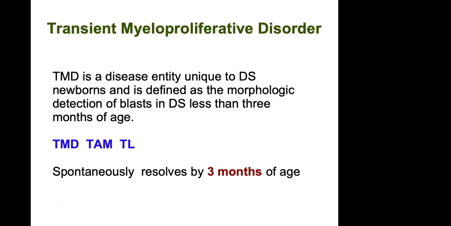Hematological abnormalities are mild, the clinical course is benign, and it resolves spontaneously by 3 weeks of age. But they have a chance of later developing AML, that is AML-DS, in Down syndrome.